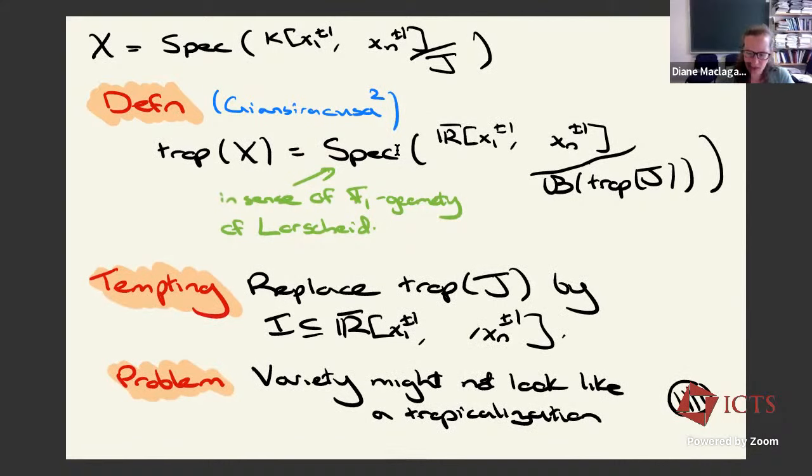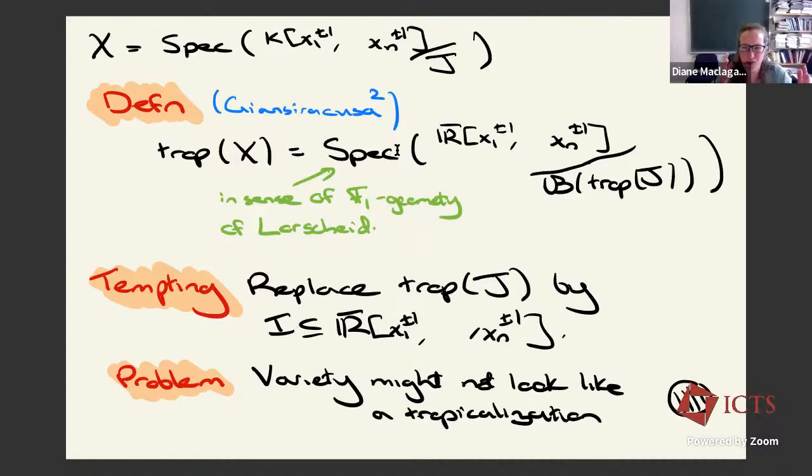It would be tempting at this point to just replace the tropicalization of J by an ideal in the semi-ring of tropical polynomials. The problem with this is what I mentioned before, right?